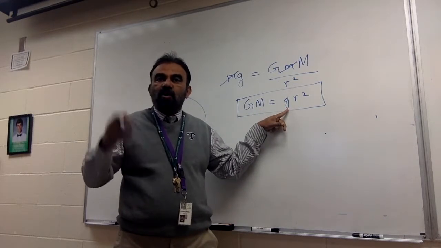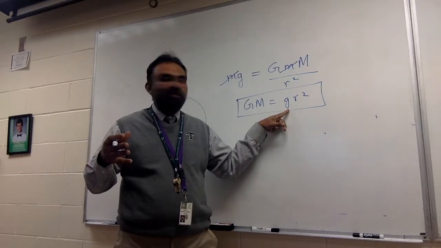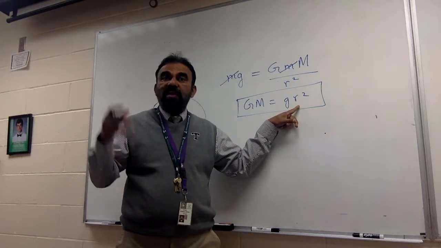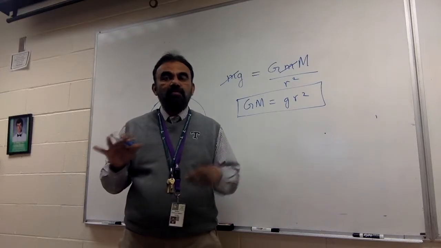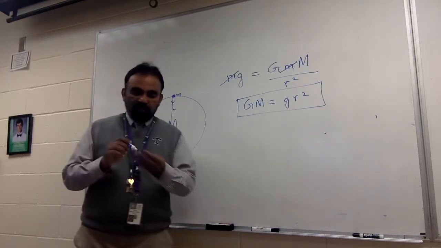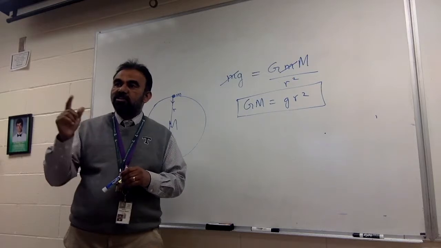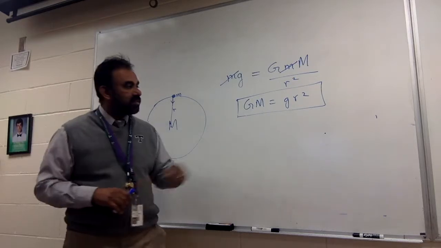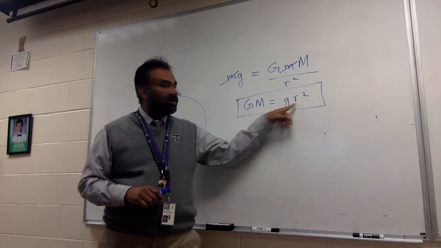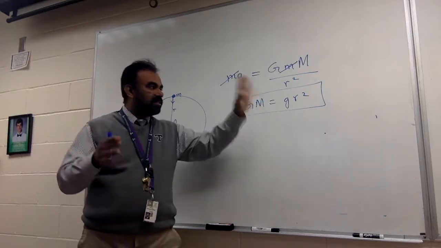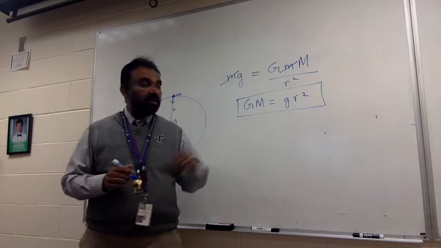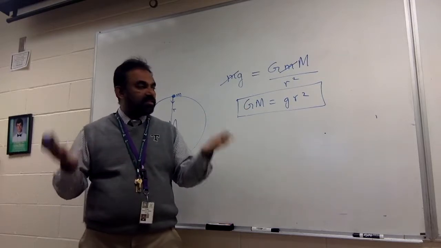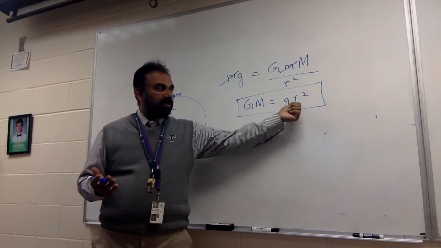Acceleration due to gravity on that planet. And what is R standing for? Radius of that planet. So if I want to know the acceleration due to gravity on the moon's surface, I need the radius of the moon and the mass of the moon, that's it. I should be able to get the g on the moon. So that's an important equation that connects this with different planets.